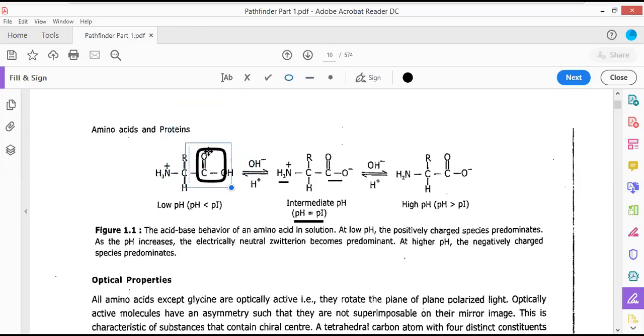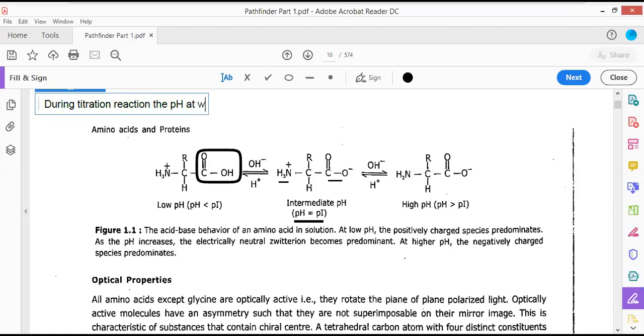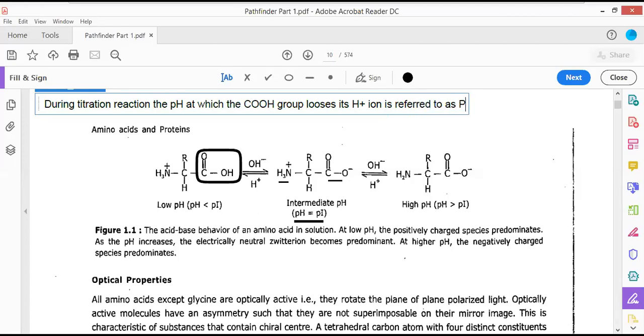See, this is the functional group that we are looking at. During the titration reaction, the pH at which the carboxylic functional group, the COOH group, loses its hydrogen, its H positive ion, is referred to as pKa.